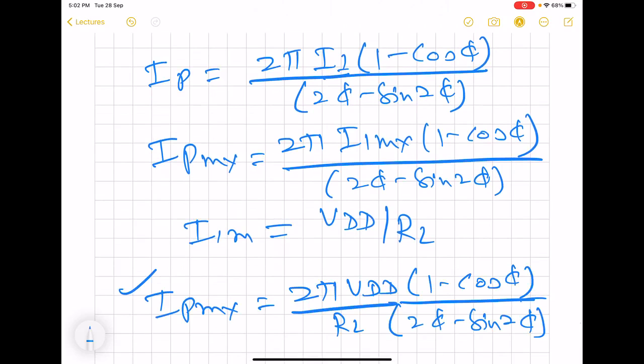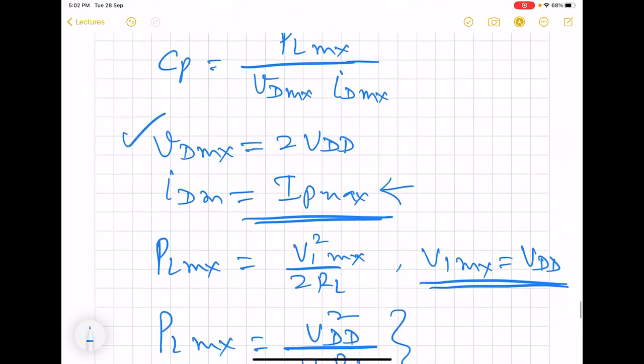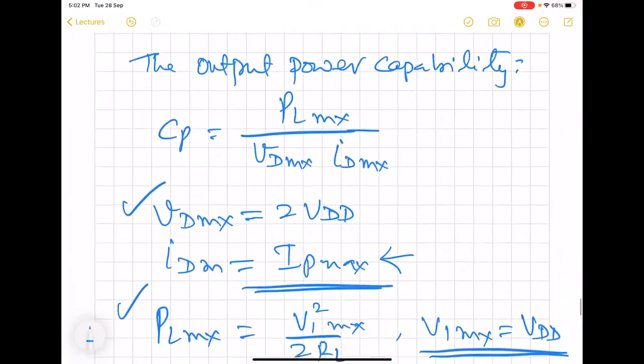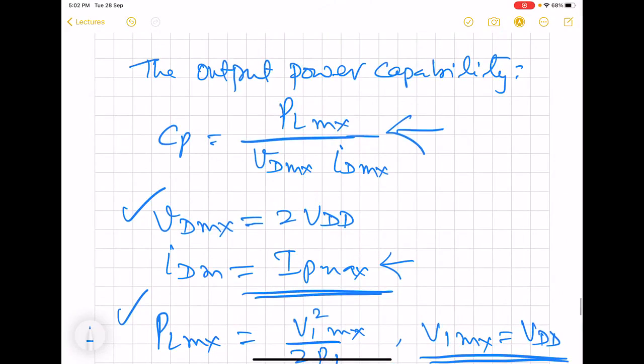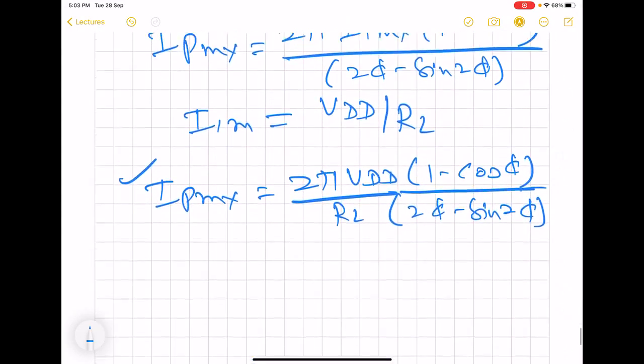So now we have I_P max and we have found out VD max and we have PL max. So we can substitute each of these in the definition equation here and carry out the calculation.